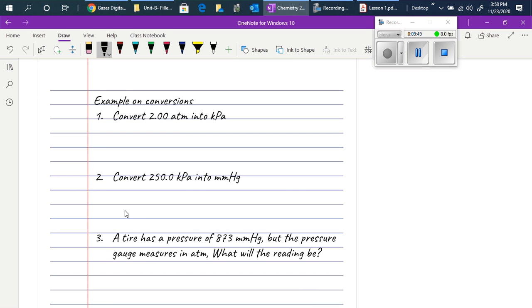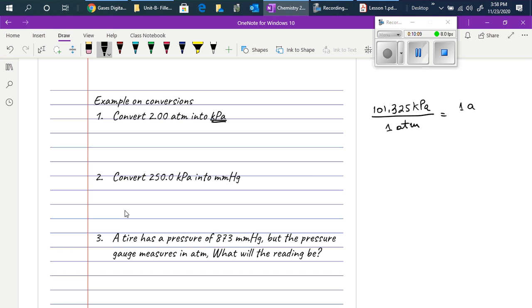Let's see some conversion examples. So now we have 2.00 atmosphere to convert into kilopascal. 101.325 kilopascal is equal to 1 atmosphere.